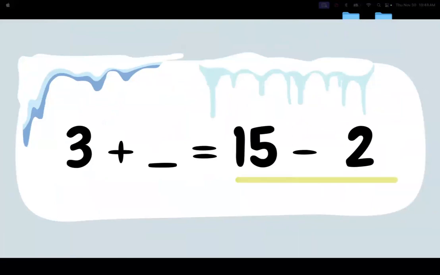15 minus 2. 15 minus 2? Yeah, look. So 15 minus 2 is 130. 130, what do you mean? No, I'm talking about a 1 and a 3. Oh, a 1 and a 3. Okay, I was like 130. Where'd you get 130 from? I was confused a minute, Jonah.